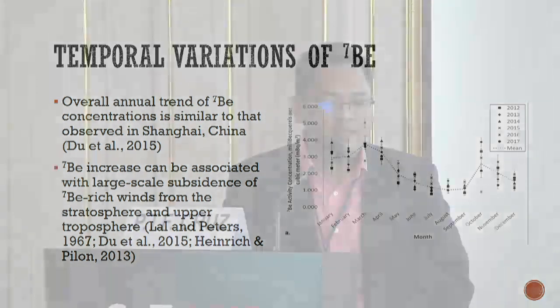This has been associated with the large-scale subsidence of beryllium-7 rich winds from the stratosphere and upper troposphere, where it is continuously being produced, as compared to the lower troposphere. So you really have to have an introduction of beryllium-7 rich winds for us to have higher concentrations in surface air on the ground.